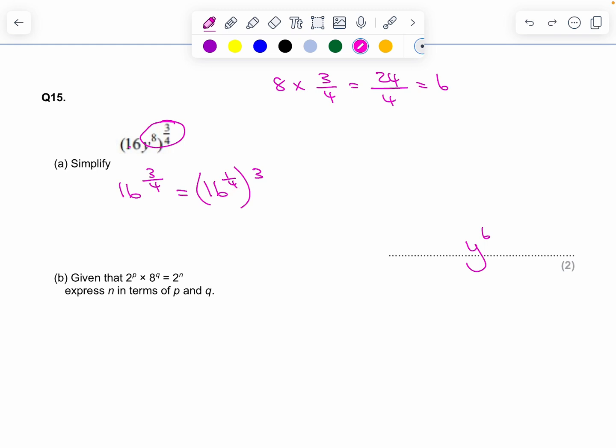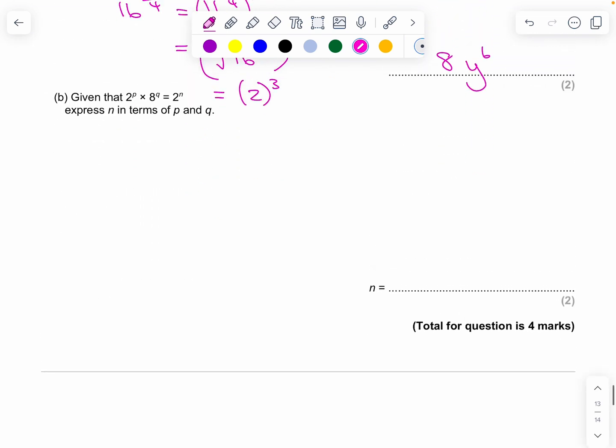Now remember that to the power of 1/4 is the same as finding the 4th root. And you can do that on your calculator. The 4th root of 16 is 2, and 2 cubed is 8. So our final answer is 8y to the power of 6.